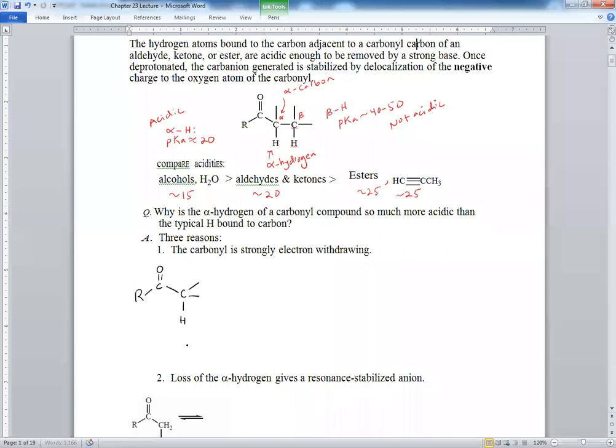Here's that H, so that's our alpha carbon and alpha hydrogen.